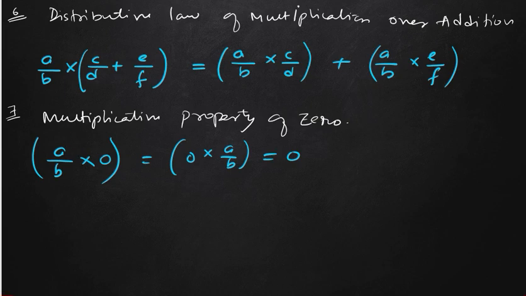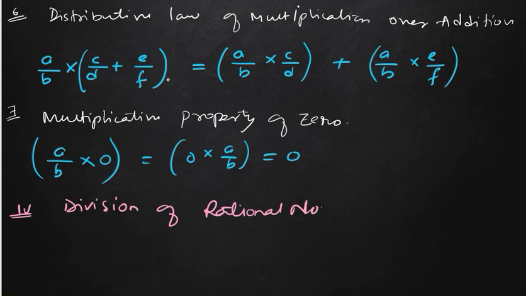Similarly, we have the fourth set of properties, the properties on the division of rational numbers. Suppose a by b divided by c by d.